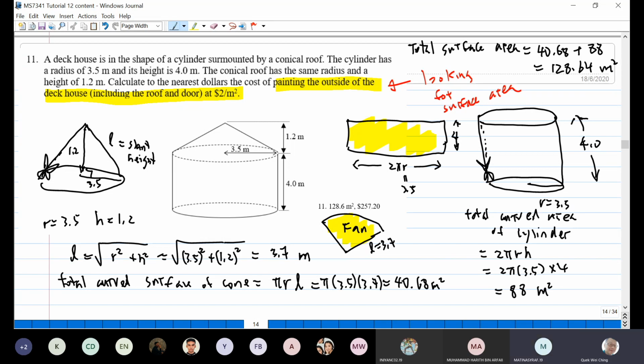Okay, but this is not the answer we want. You want the cost of painting the area. It costs $2 to paint the area, $2 per meter squared. So in this case, just multiply the answer by 2. So take the answer 128.64. Okay, you take these two areas together, this one and this one put together, times 2.